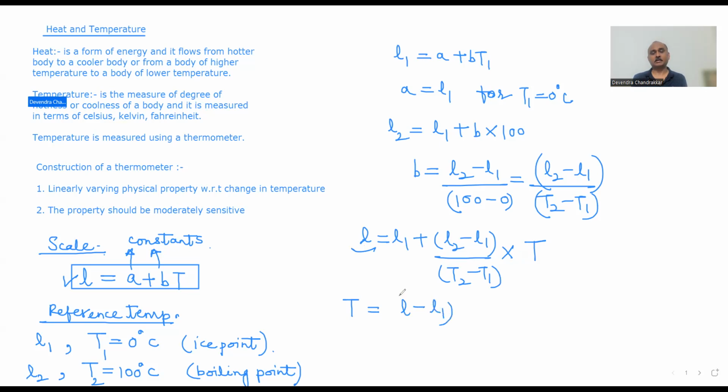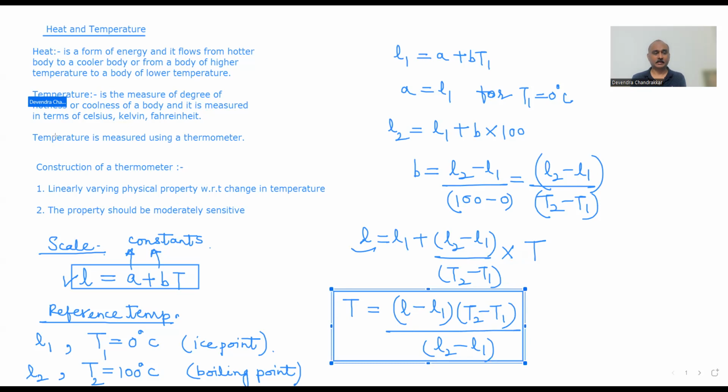T is equal to L minus L1 into T2 minus T1 upon L2 minus L1. This is how, for a given value of length, we find the temperature.